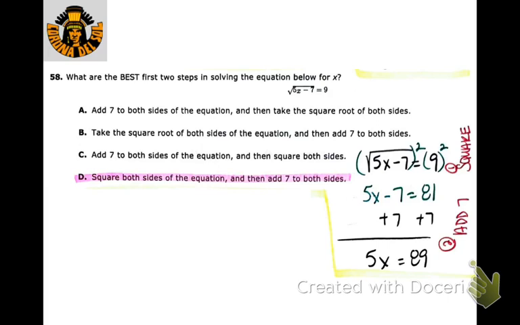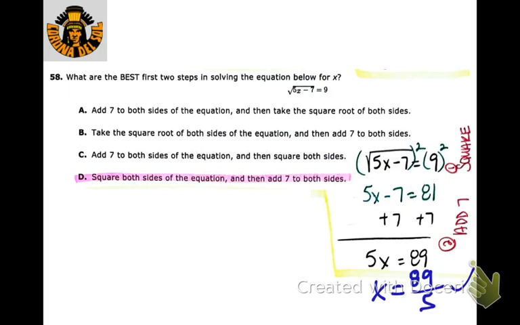First two steps again. So square both sides. So that would be 5x minus 7 equals 81. Add the 7, so 5x equals 89. Hard to not finish it. So it'd be 89 over 5, and I don't want to check that one. Well, maybe I do. 89 minus 7, that'd be, that doesn't work. Is that right?